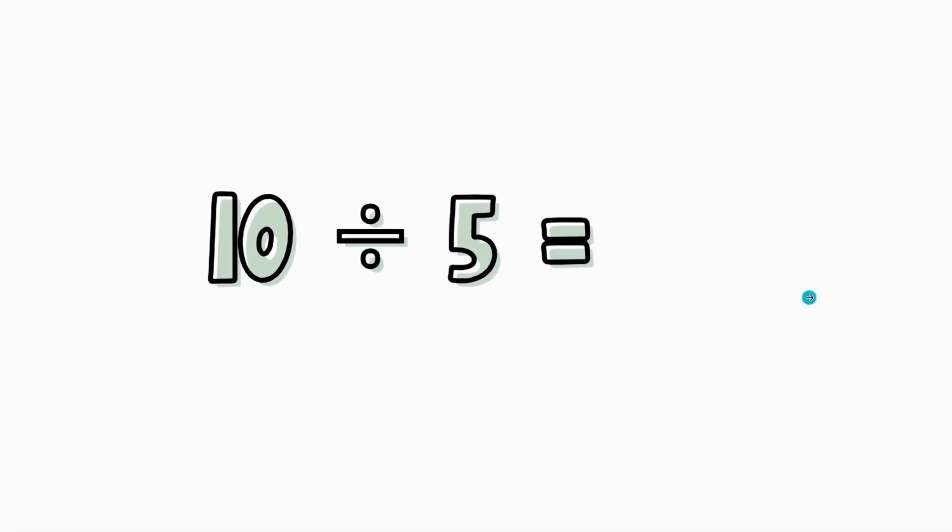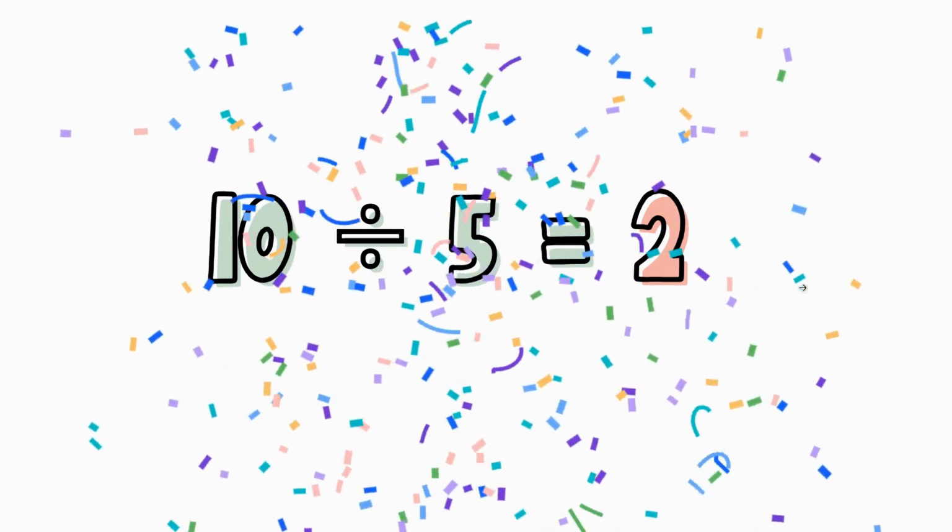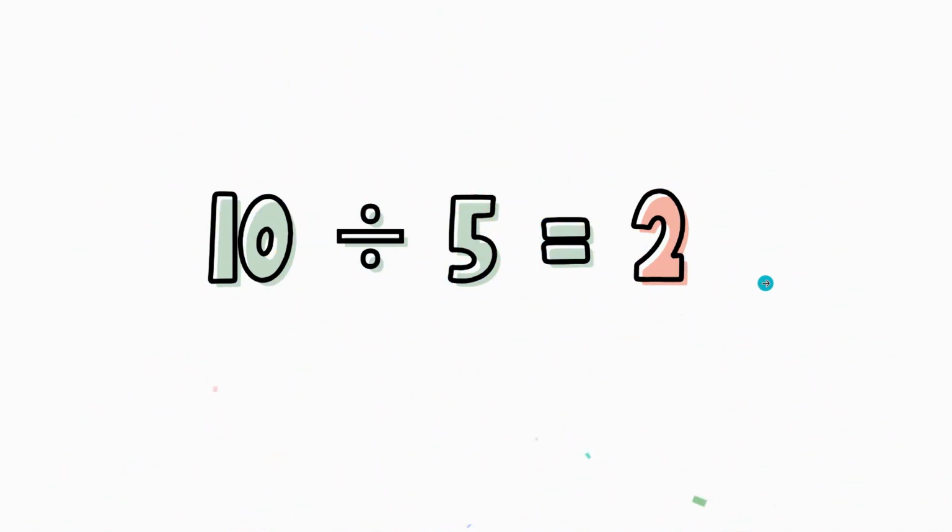So when we look at 10 divided by 5, our quotient should be 2. This is important because when we look at this equation, it tells us that if I am dividing 10 items amongst 5 people, that each person should get 2 of those items.